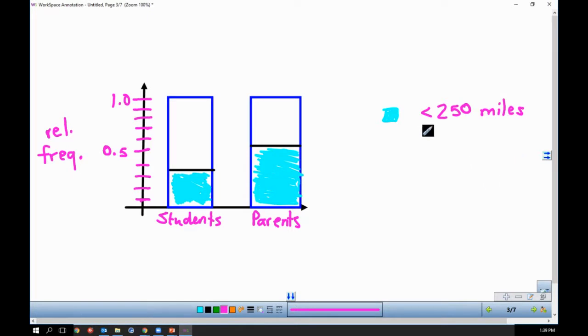Then for the next one, our next category is 250 to 500 miles. I'm going to do that one in green. Oh no, let's do orange.